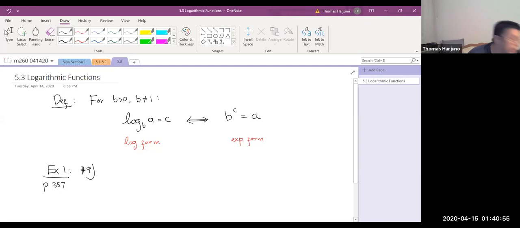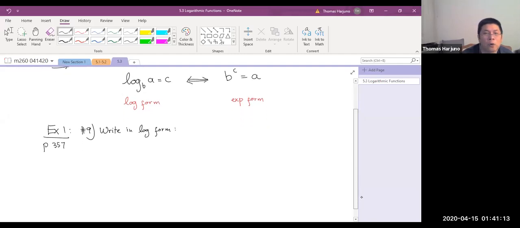The question is, write in log form. So they give us an equation in exponential form, and we need to rewrite that in log form. Part A, 9 equals 3 squared. That's exponential form. What will the logarithmic form be?